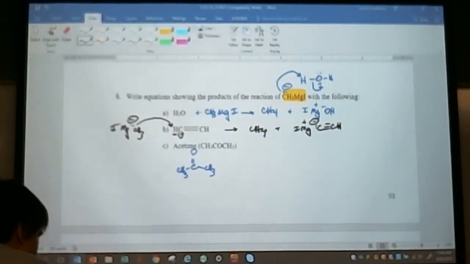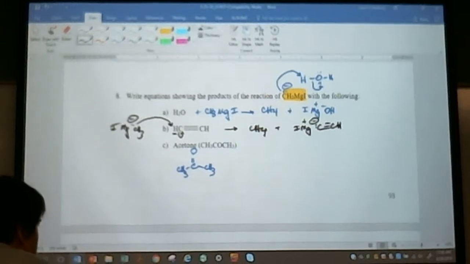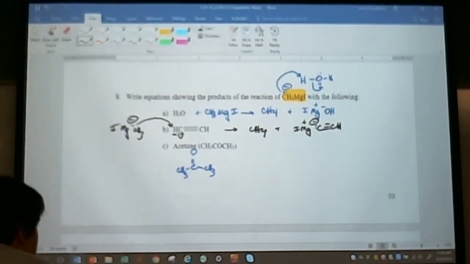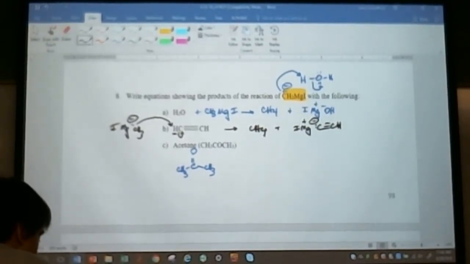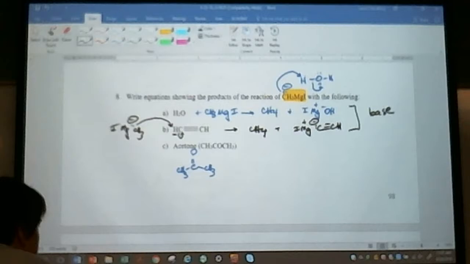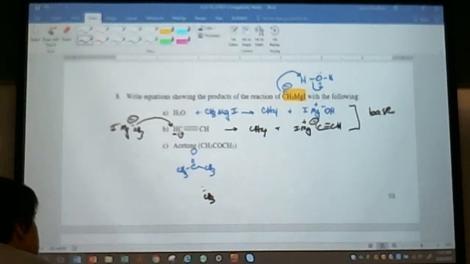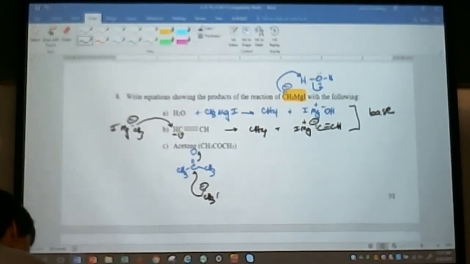Okay, so again, you're killing your Grignard with an acidic hydrogen. It cannot act as a nucleophile. It is acting in both of these cases as a base. In this case, yes, it would be acting as a nucleophile, attacking here.